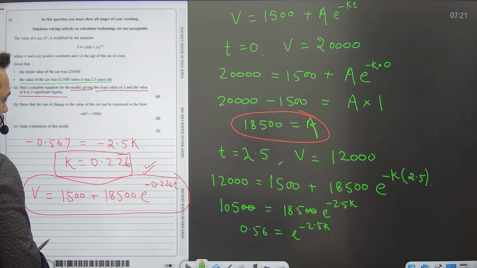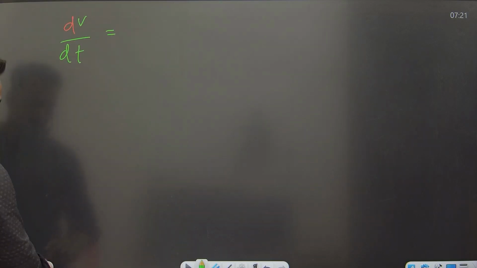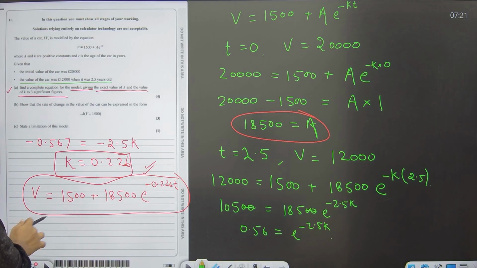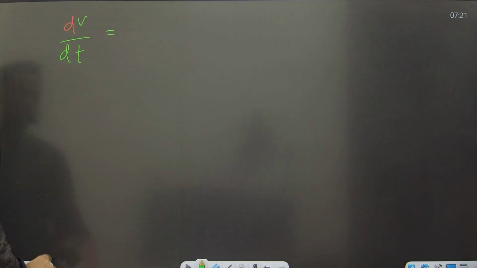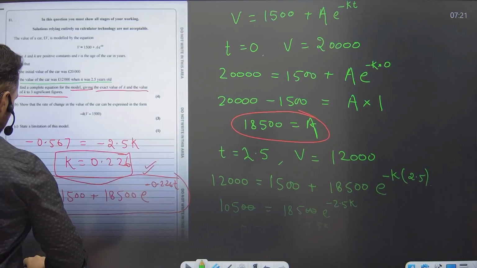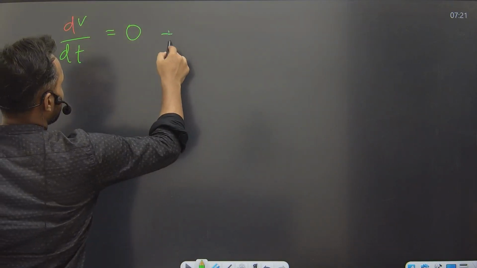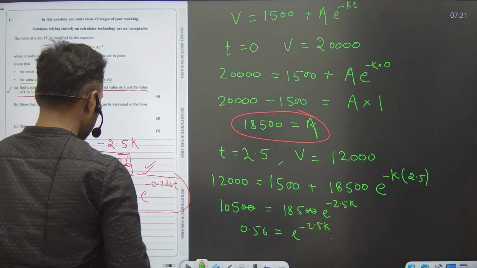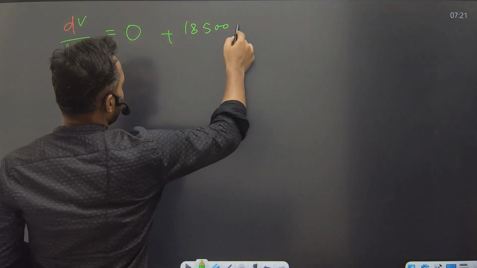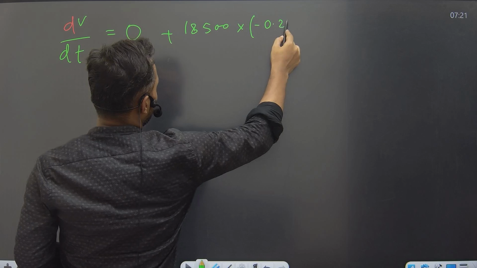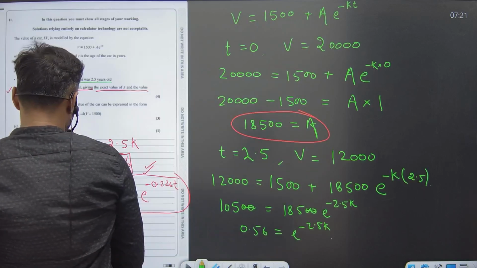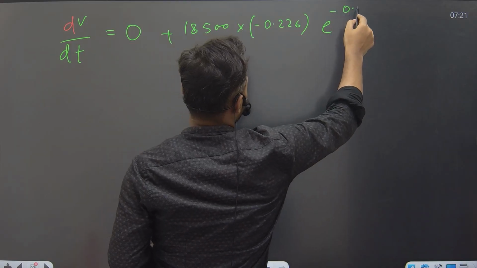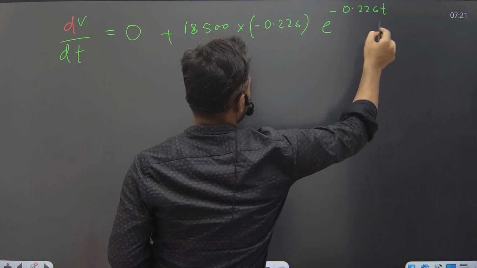With respect to t, if we are differentiating, this 1500 is a constant, so the differentiation of 1500 will be 0, plus 18,500 into negative 0.226 times e raised to the power negative 0.226 t.